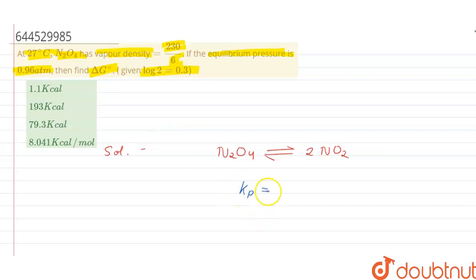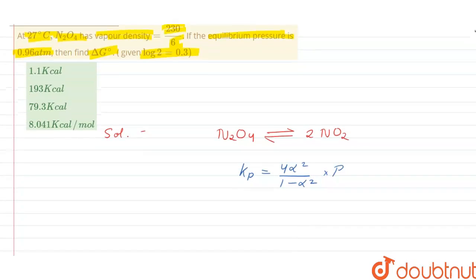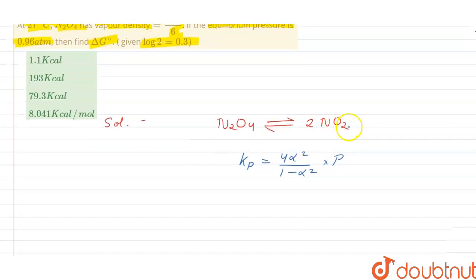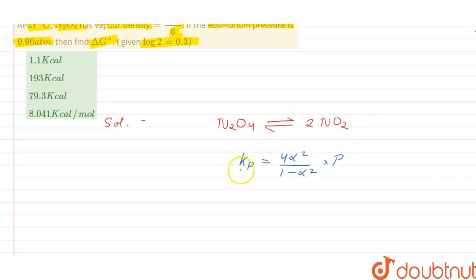It can be determined by this formula: Kp is equal to 4 alpha square by 1 minus alpha square into pressure. Here alpha is the degree of dissociation for the N2O4 and NO2 system. Then we can calculate the value by just calculating the value of alpha.